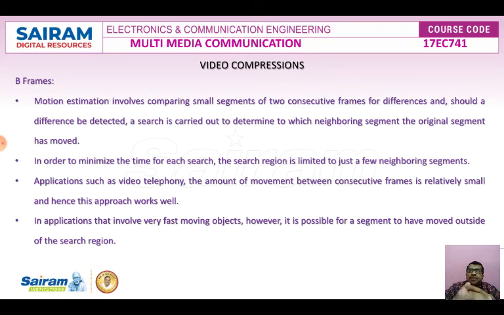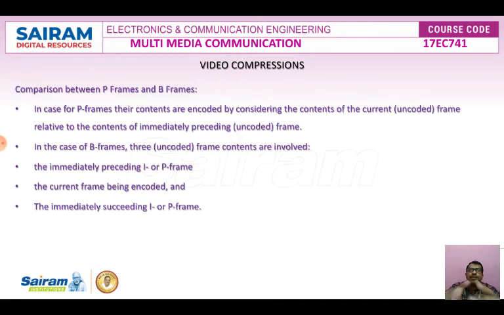So for these B-frames, their contents are predicted using search regions in both past and future frames. In addition to that, occasionally moving objects are also captured. This also provides better motion estimation when an object moves in front of or behind another object. In comparison between the P-frame and B-frame, both are encoded by considering the contents of the current frame relative to the content immediately preceding the frame.